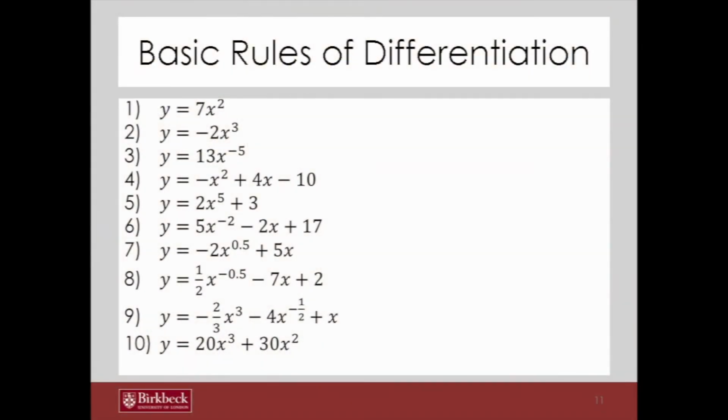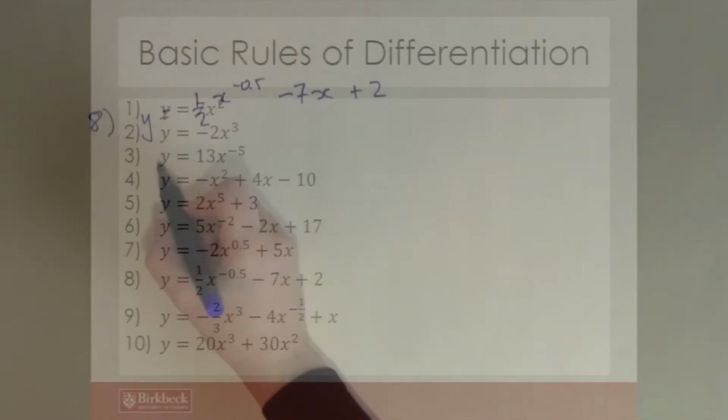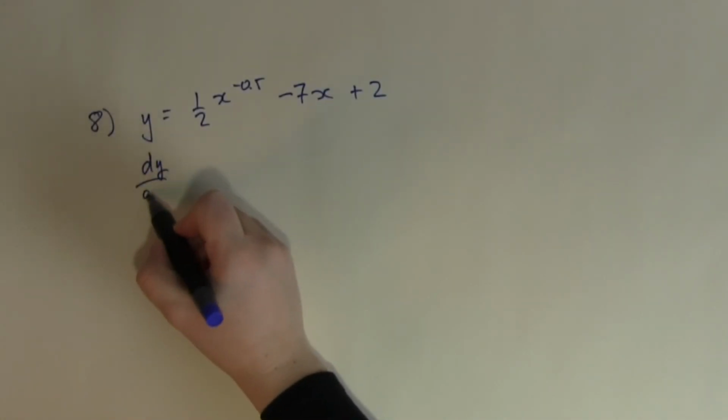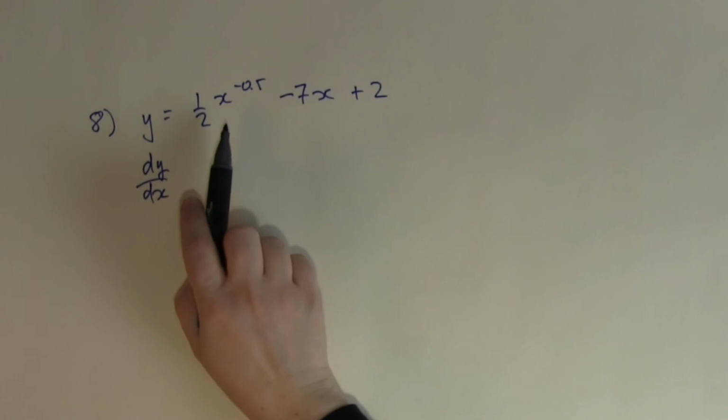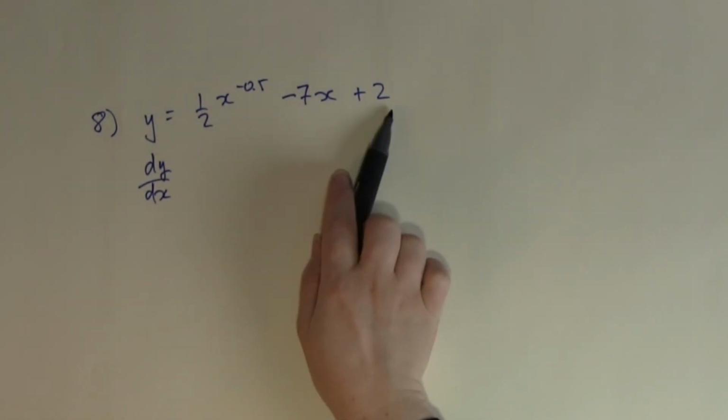And the next example, example 8, is y equals a half x to the minus 0.5 minus 7x plus 2. So again, what is the derivative of this function? We can look at it term by term.